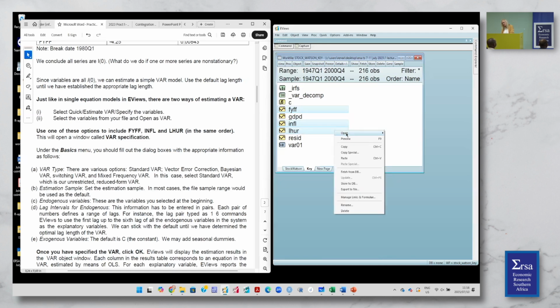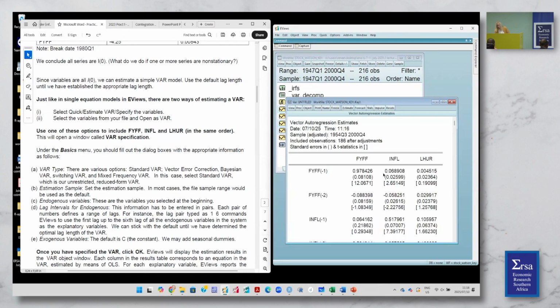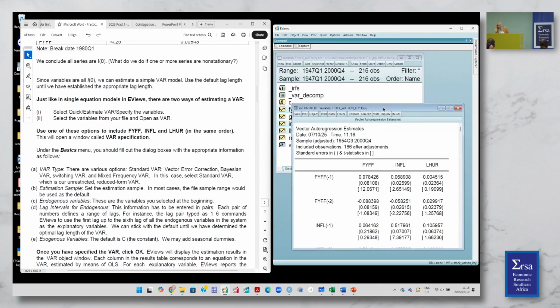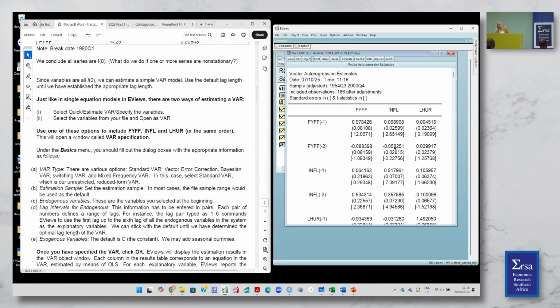And then we open as a VAR. We can just leave it as is for now. And we can see that we have 216 observations. That's quite a large number.